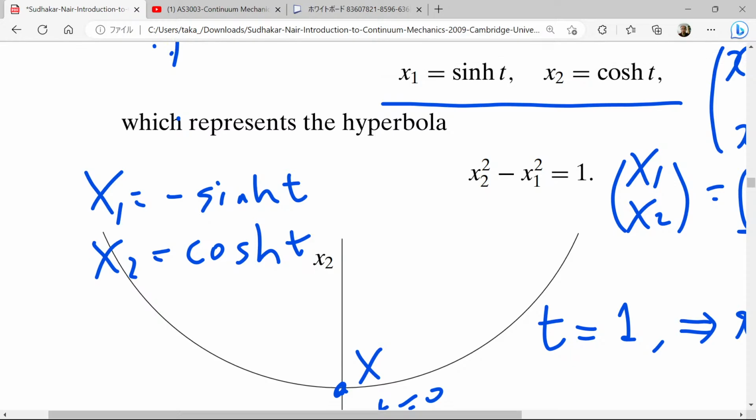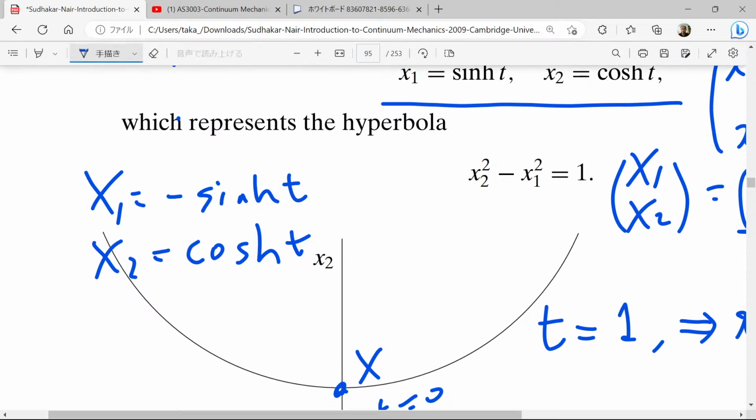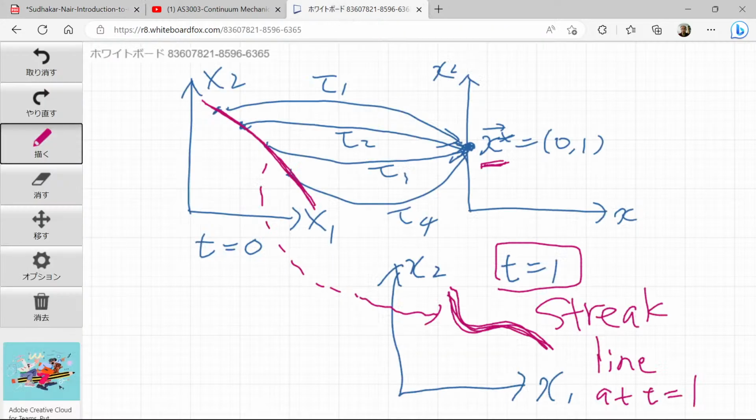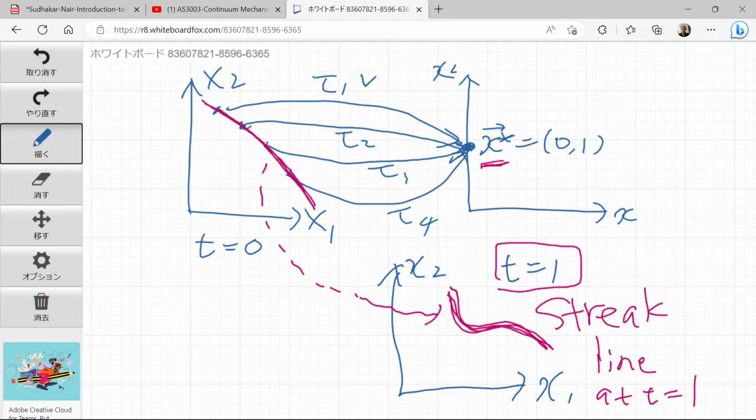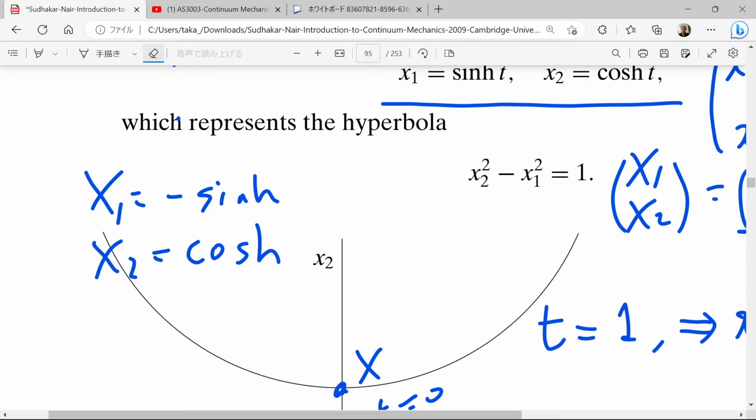Okay, t in this case can be, so we have an example here. Yeah, t can be tau 1 or tau 2 or tau 3 or tau 4. Any value is okay. So this is tau 1, we call tau.